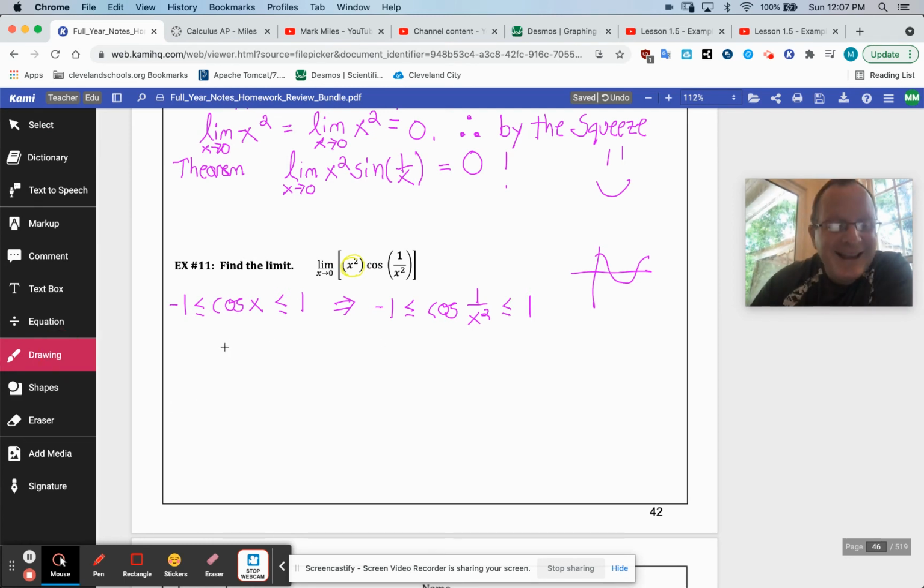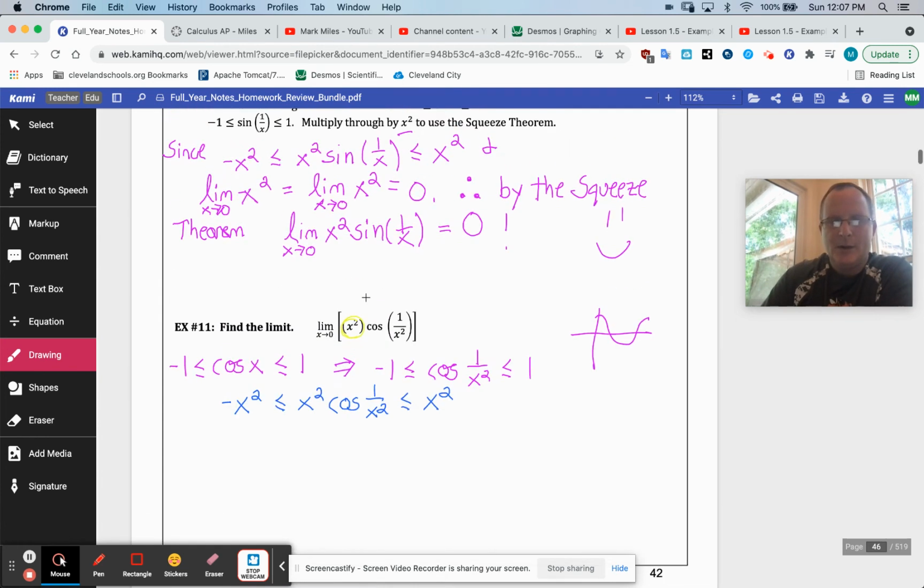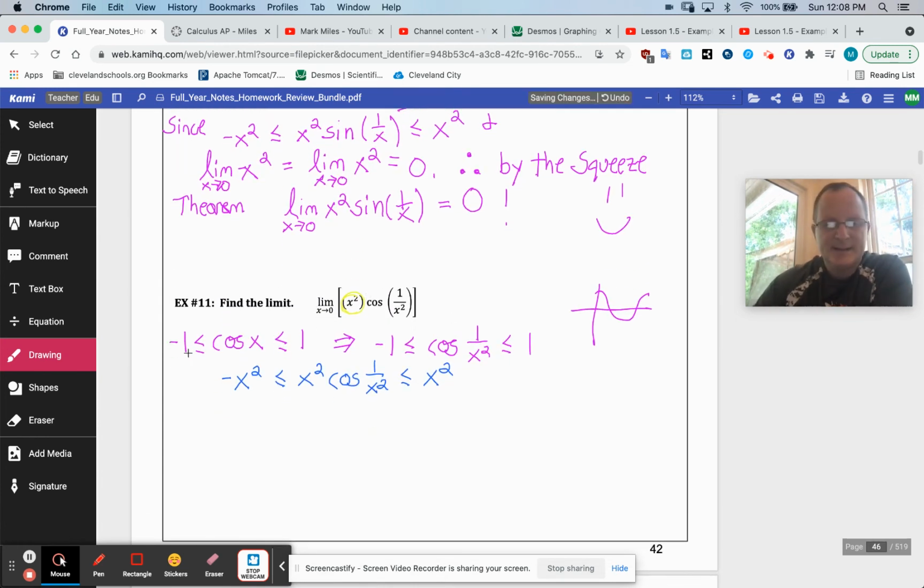That leads to the fact that negative x squared is less than or equal to x squared times the cosine of 1 over x squared, and that will be less than or equal to positive x squared. We're about to write the exact same thing that we did above.